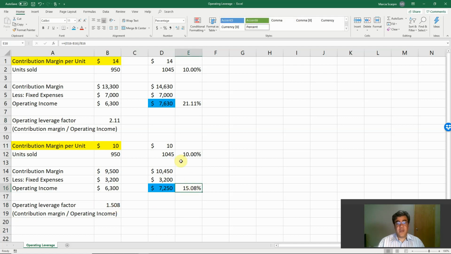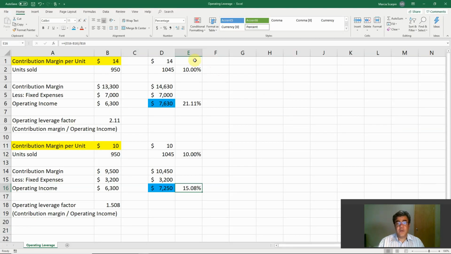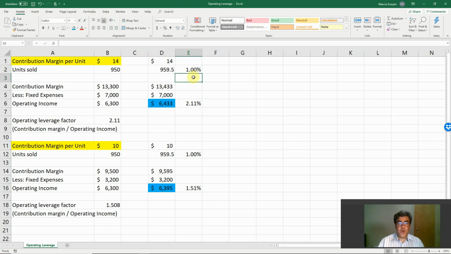And yes, they are, because let's go to our PowerPoint. Percentage change in operating income that will occur from a 1% change in volume. So if our volume changes 1%, operating income changes 2.11%. For 10%, it is 2.11 times 10.